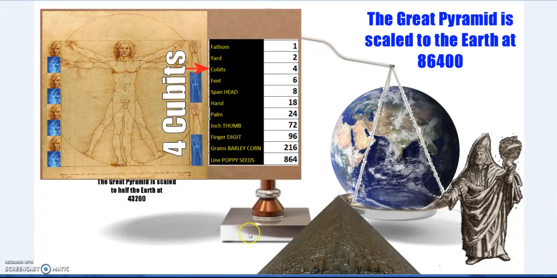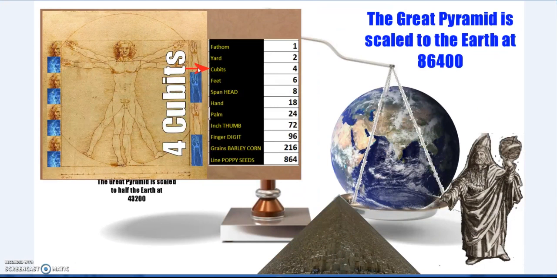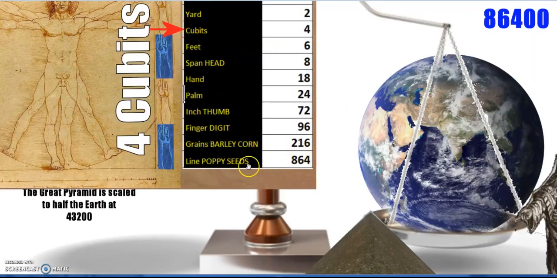That's important because back to the ideal measures of a man. So the English system, 4 cubits being a definition, like even shown in Vitruvian Man, 4 cubits should be your height and should be the fingertip to fingertip, which would be equal to 6 feet. But okay, let's remember this. Now, the English system, they would define inches or thumbs and then digits, and then barleycorn, and then barleycorn are divided into poppy seeds.